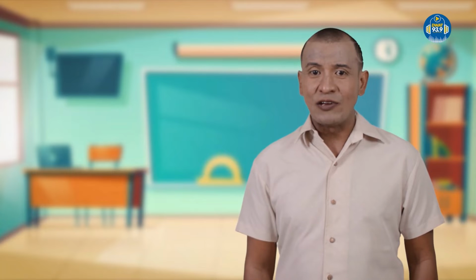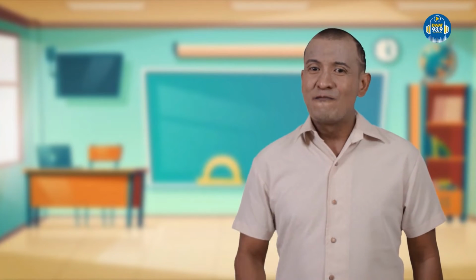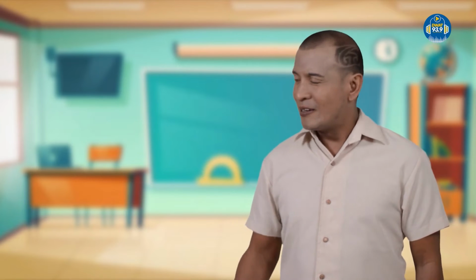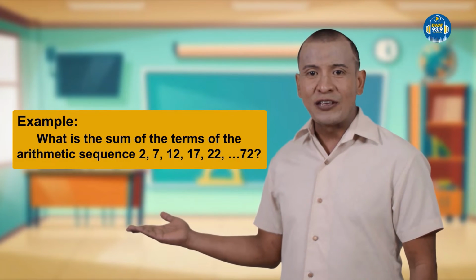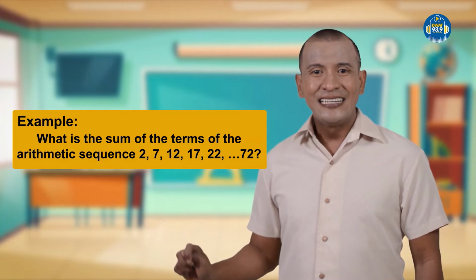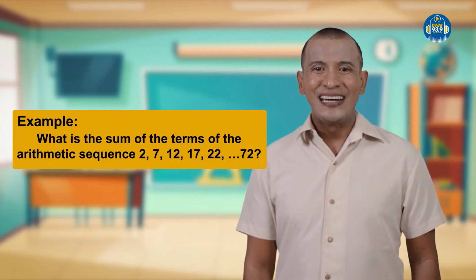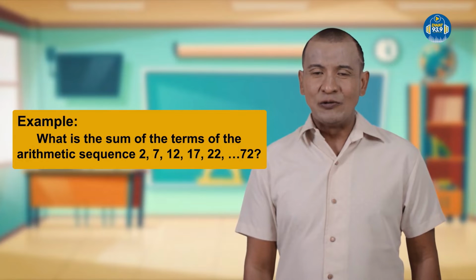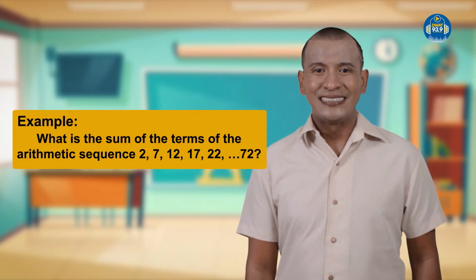Now, let us have some examples for us to illustrate finding the sum of arithmetic sequence. First example, what is the sum of the terms of the arithmetic sequence 2, 7, 12, 17, 22, until 72?